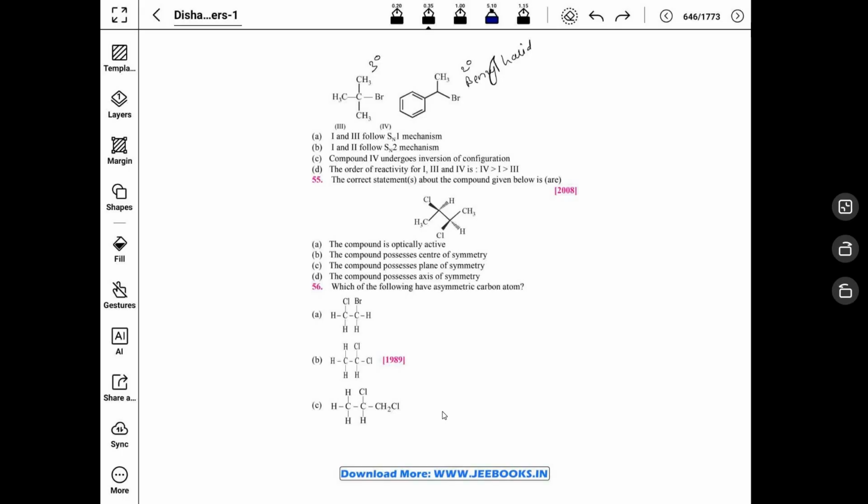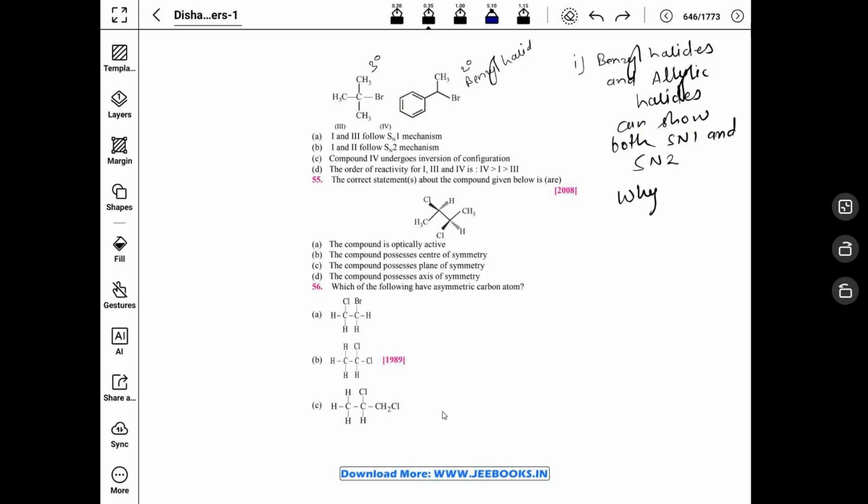To answer this question, we should recall some important facts. The first important fact is that benzyl halides and allylic halides can show both SN1 and SN2 mechanisms. Why? Because the carbocation is stable in these cases. Benzyl carbocation and allylic carbocation are stable, therefore they can show the SN1 pathway.